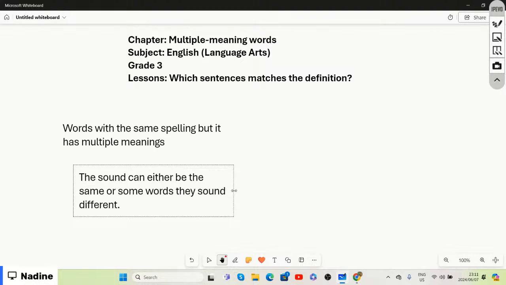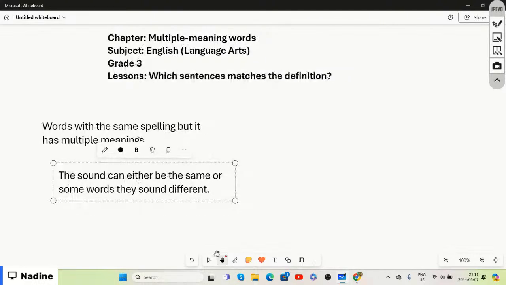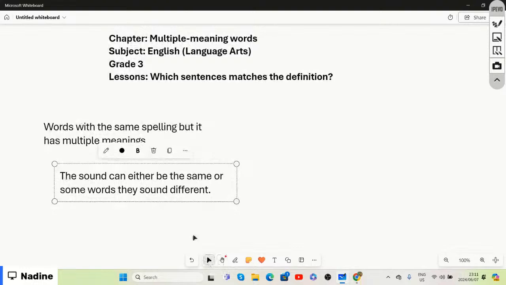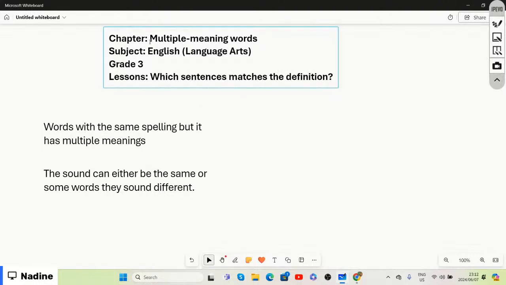And we're going to look at a few of our multiple meaning words, words that have the same spelling but different meanings, where the sounds are either the same or different.